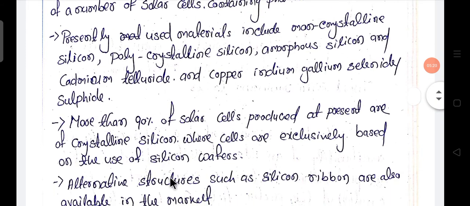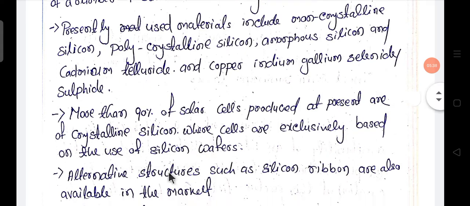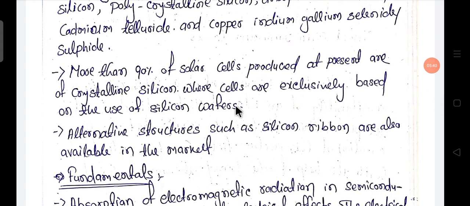More than 90% of solar cells produced at present are of crystalline silicon, where cells are exclusively based on the use of silicon wafer. That means the semiconductor is silicon. Alternative structures such as silicon ribbon are also available in the market, but 90% of solar cells use silicon wafer based cells.